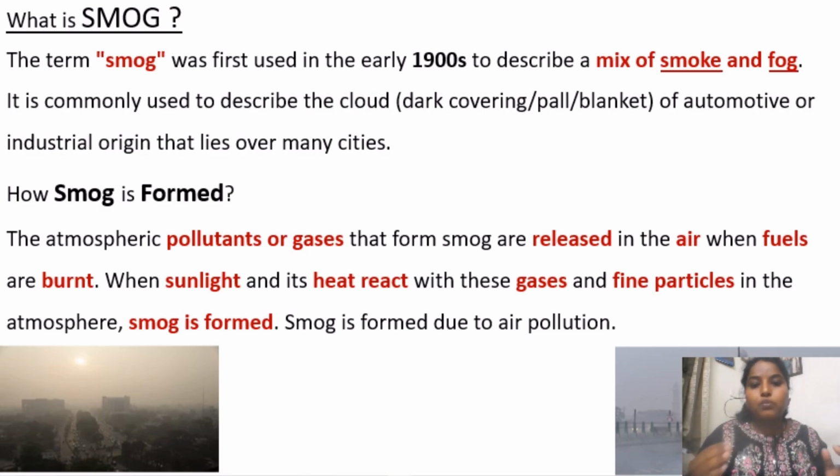And how is smog formed? The atmospheric pollutants or gases that form smog are released into the air when fuels are burned. When sunlight and its heat react with these gases and fine particles in the atmosphere, smog is formed.